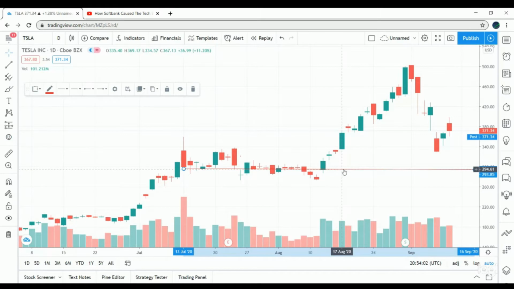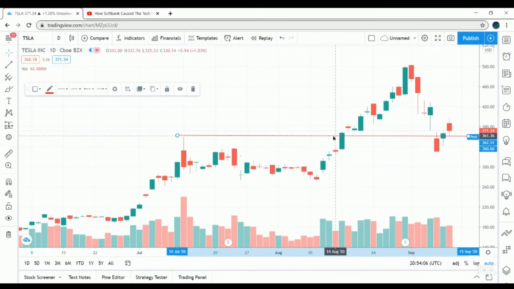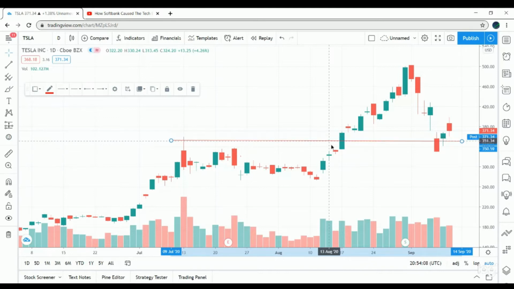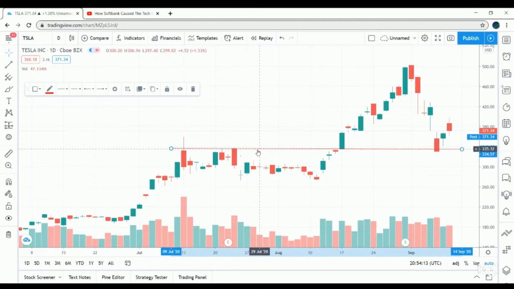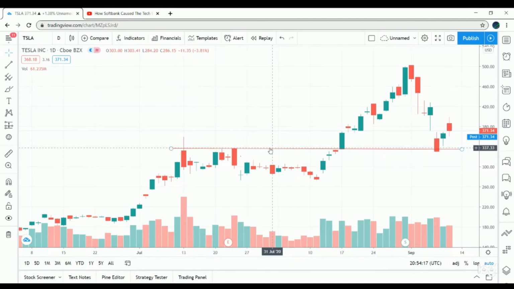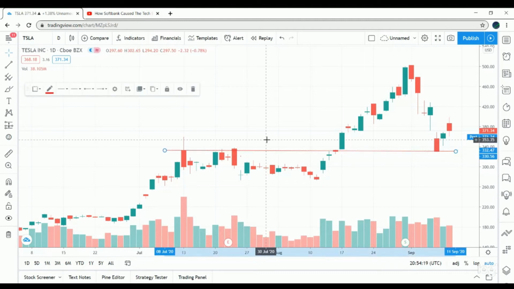But because it was not a full candle over, this is not considered a breakthrough, which means that it's still not going higher than this point. It's still having a tough time going higher. Correct.